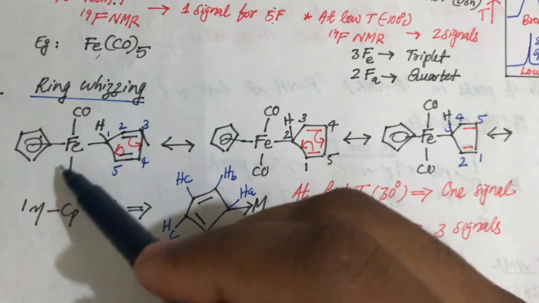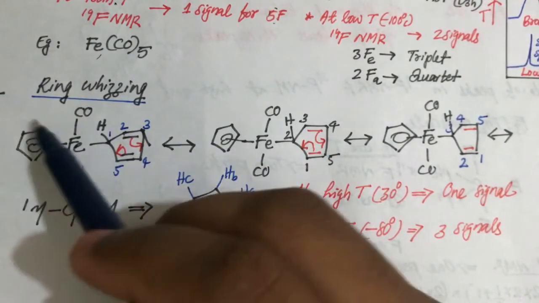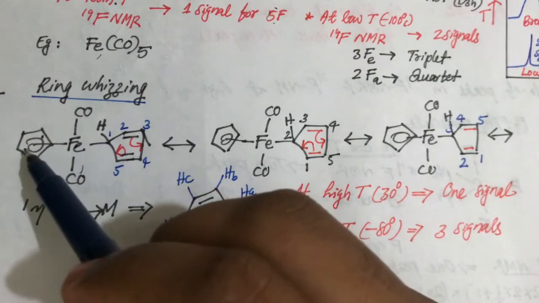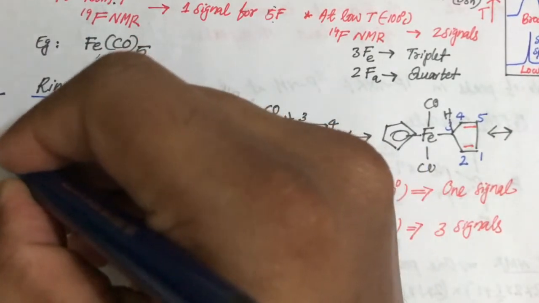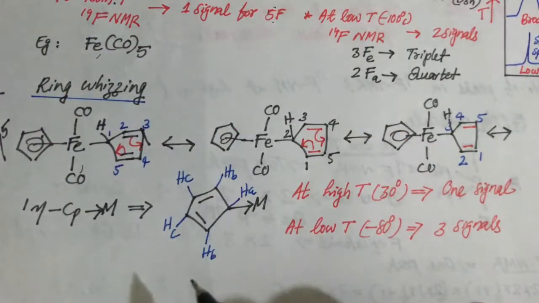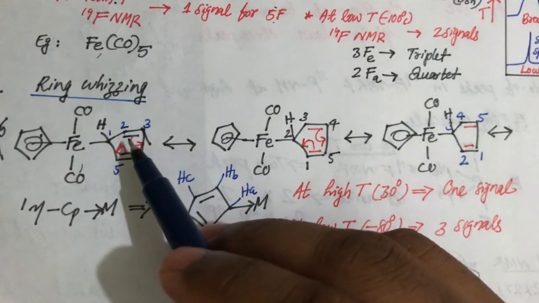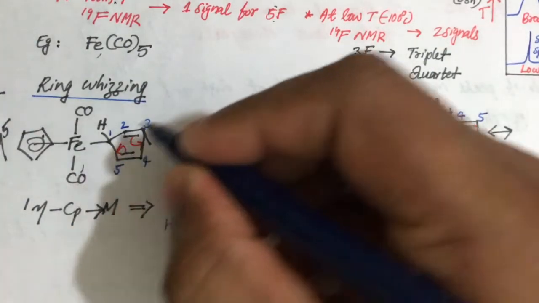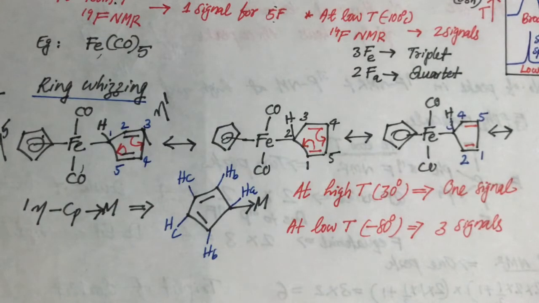So this is an iron dicarbonyl compound, and here you have a cyclopentadienyl ligand showing hapticity 5, and another cyclopentadienyl ligand that is showing hapticity 1. The main interest in this complex is the cyclopentadienyl ligand having hapticity 1.